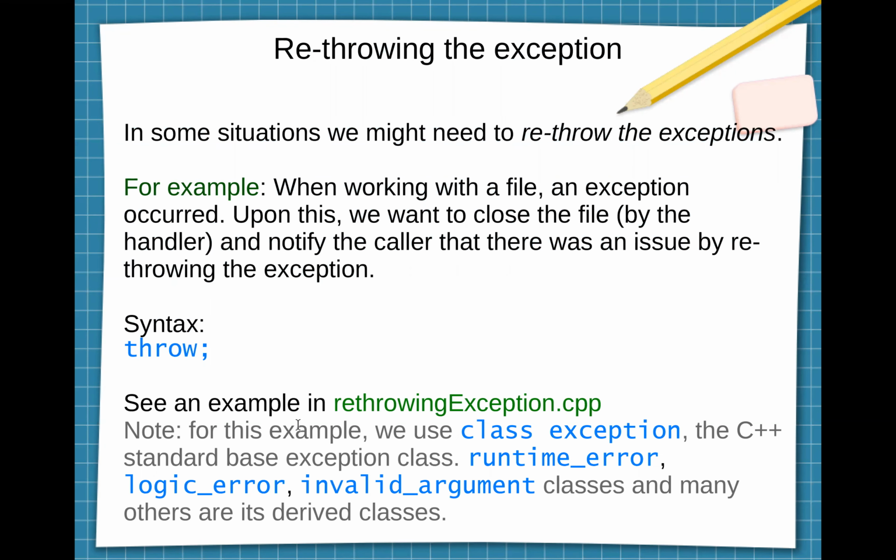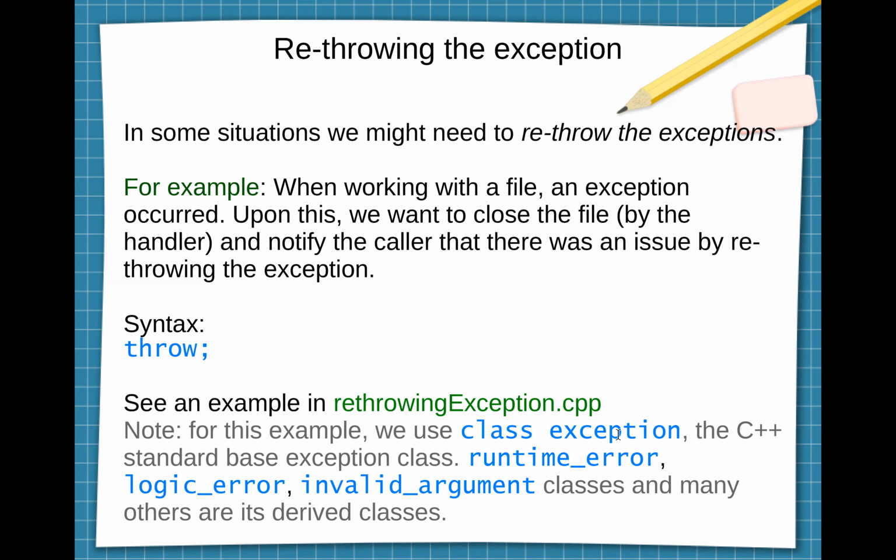It's very good. I do have an example, and let me see. Yes, so this is the example where I'm using the exception class. It's the very base class of the exceptions, which everybody else inherits from. Some of them are not direct children but descendants of the exception class.